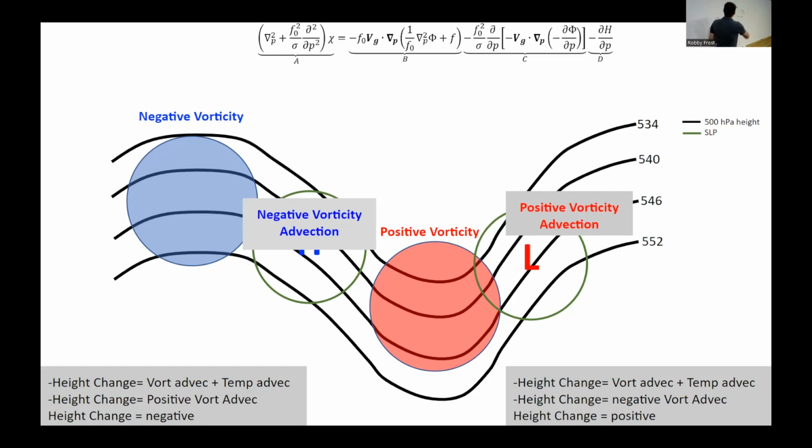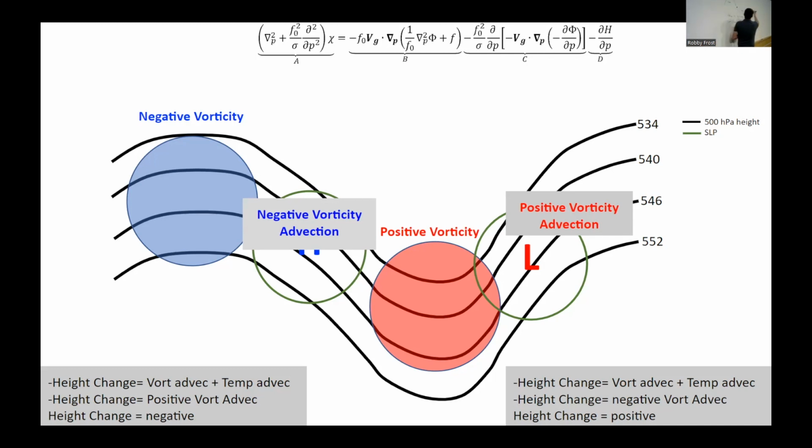So what would we expect our ridge to do if we're slowly increasing the heights with time? Yeah, it gets bigger, but it shifts over there. So we're actually propagating the ridge that way.